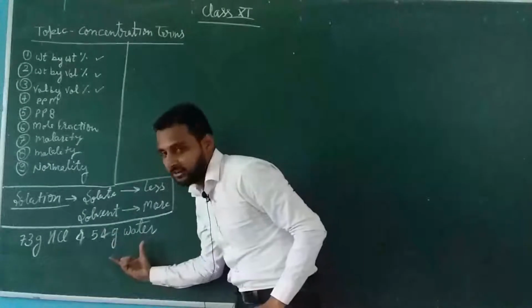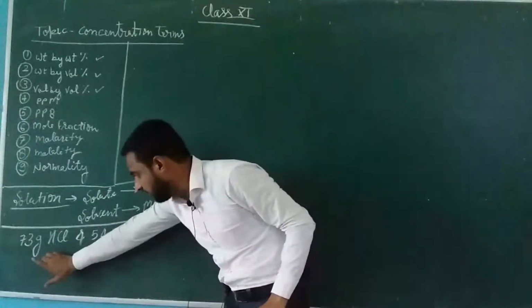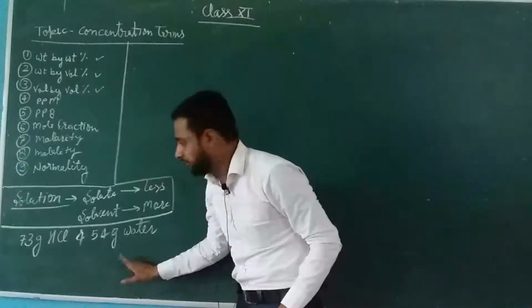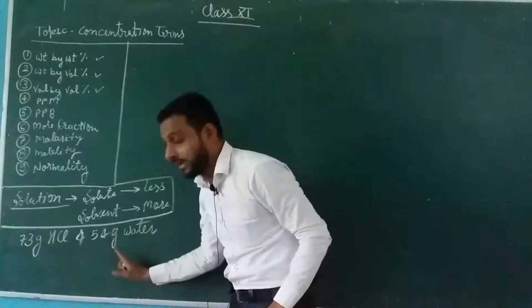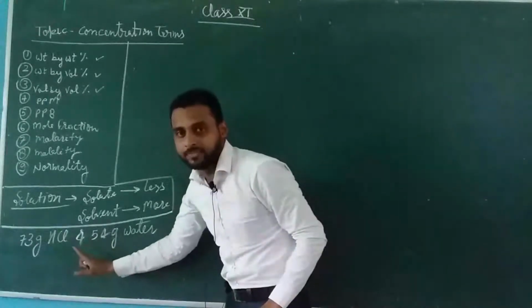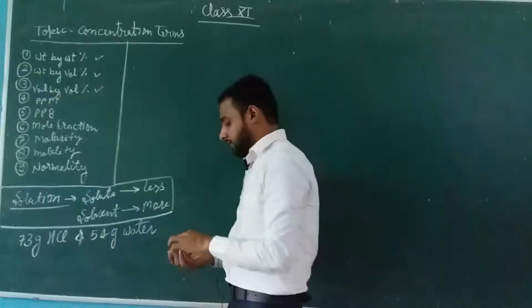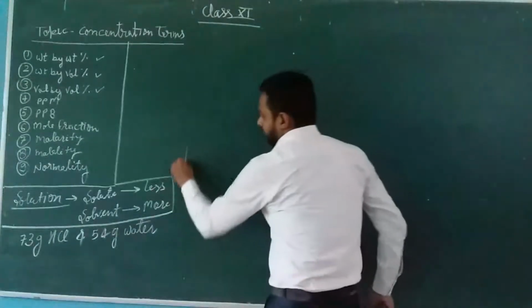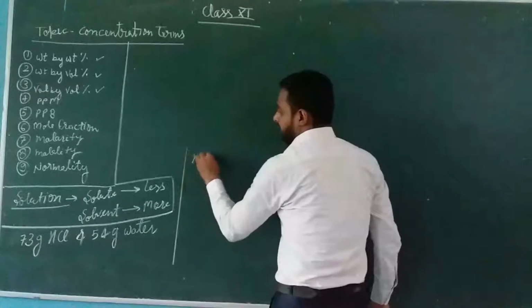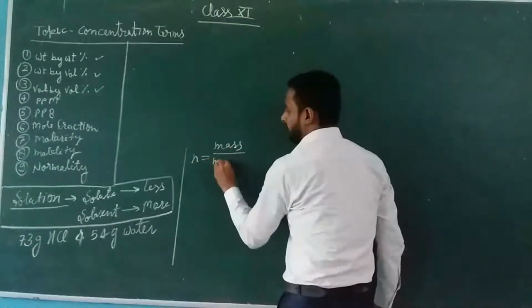So from here we cannot determine which is solute and which is solvent. Firstly we should find out the moles of water and HCl, then we can determine what is solute and what is solvent. Number of moles is equal to mass upon molar mass.